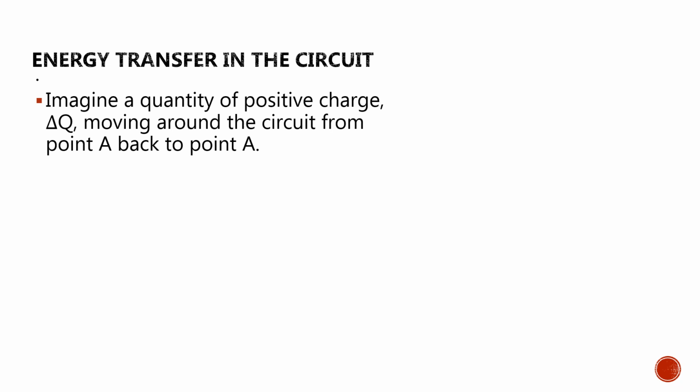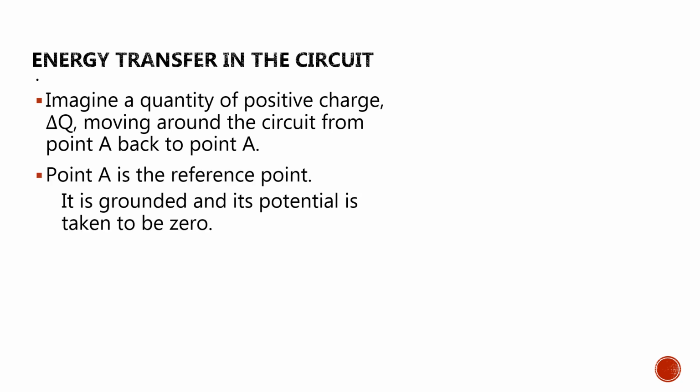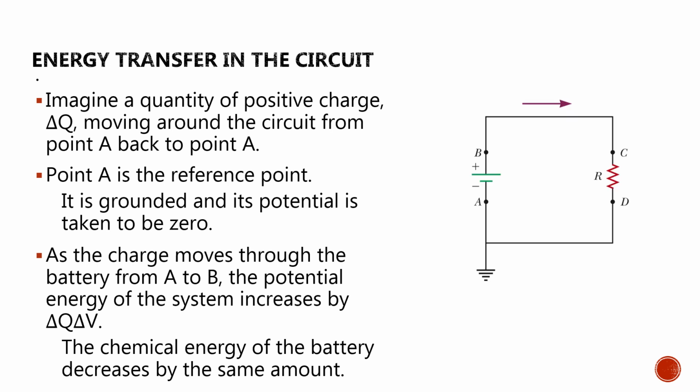So a quantity of positive charge with magnitude delta Q moves around the circuit from point A back to point A. Point A is taken as the reference point, so it is grounded and its potential is taken to be zero.